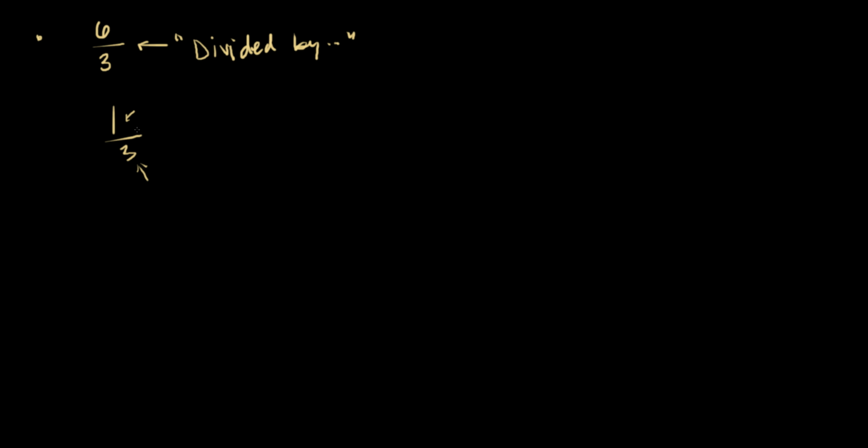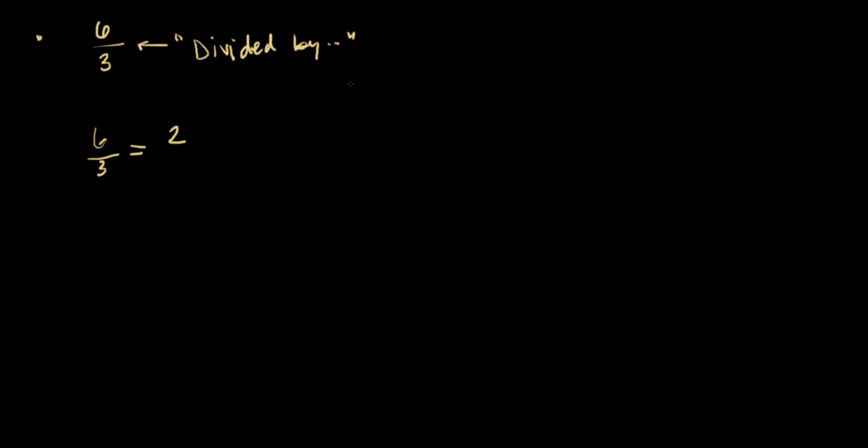So yes, 6 over 3 or 6 thirds also means 6 divided by 3. And 6 divided by 3 is 2, right? So let me rewrite that: 6 over 3 is equal to 2, because we know that.